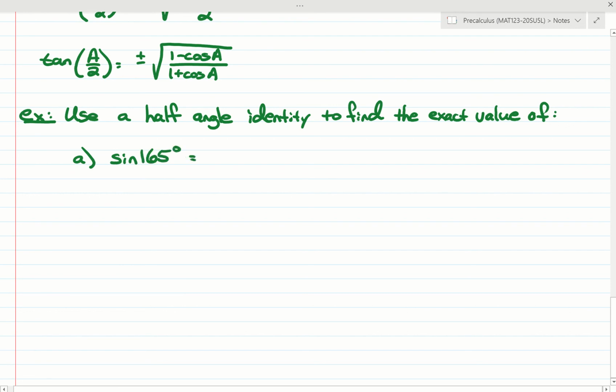Okay, well, in order to use a half angle, we have to determine what angle we could divide by 2 and get 165. So 165 times 2 is 330 degrees.